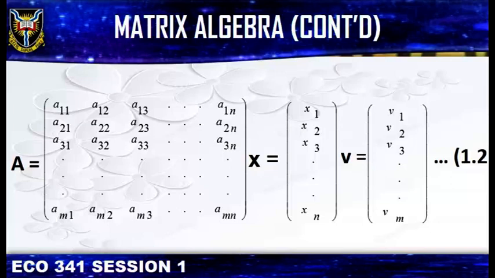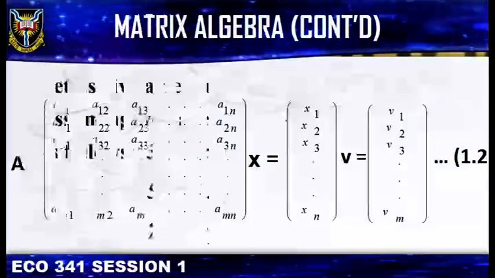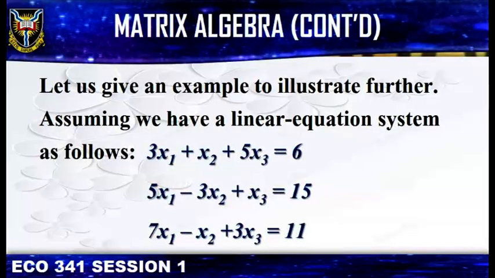X is equal to bracket open x1, x2, x3, ..., xn, that is in column. V equal to bracket open v1, v2, v3, ..., vn, also in column. Equation 1.2. Let us give an example to illustrate further, assuming we have a linear equation system as follows.